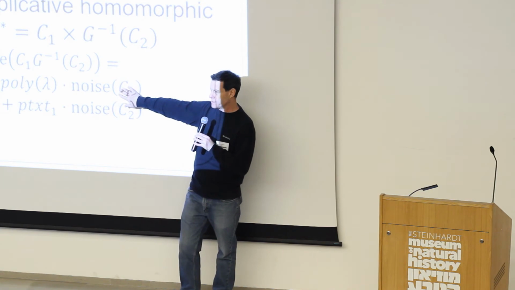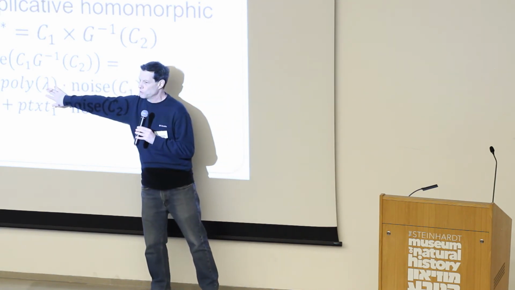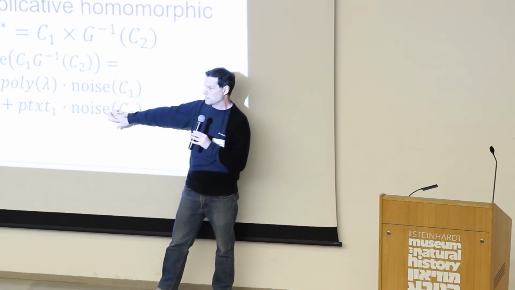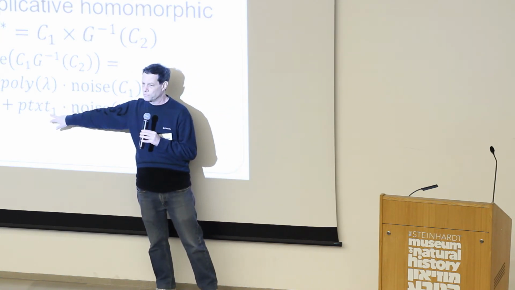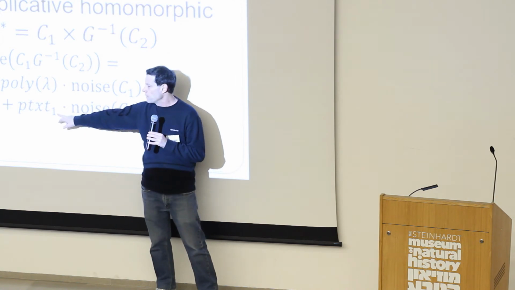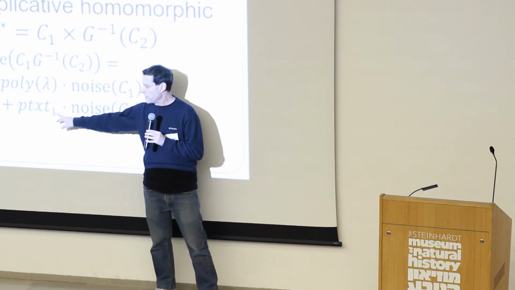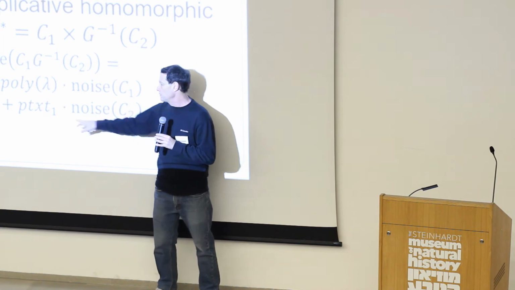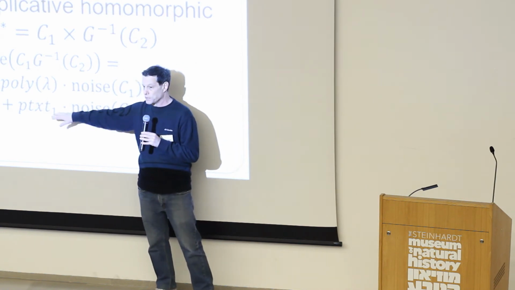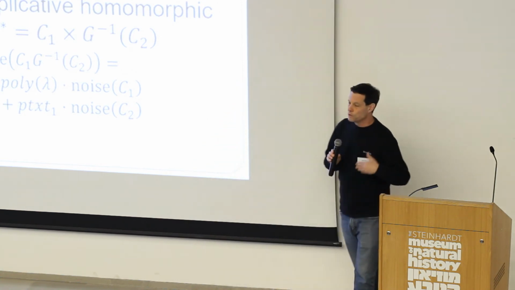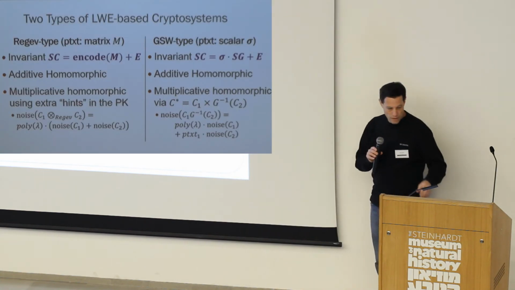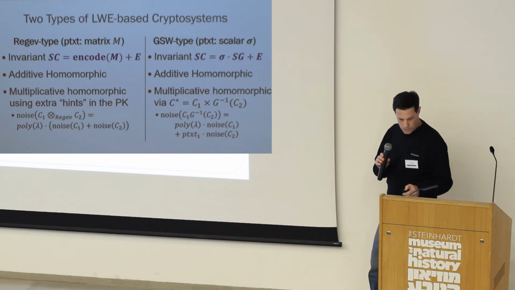The noise in the first ciphertext still gets multiplied by this polynomial factor, but the noise in the second ciphertext just gets multiplied by whatever plaintext was inside of C1. So if this plaintext was a 1, then you just get this noise. And if this plaintext was a 0, then you don't get this thing at all. So it's a very asymmetric way for the noise to grow as you multiply.